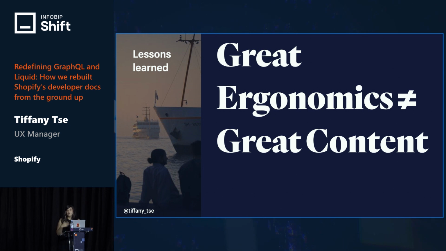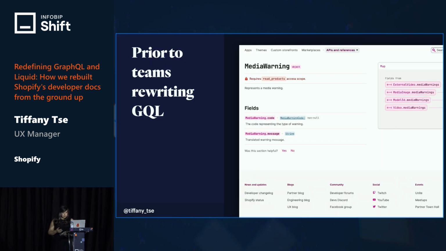And so when you improve the UI of your documentation or any kind of website and require more information to make the end user experience better, what you end up seeing is more gaps when it comes to the actual content itself.